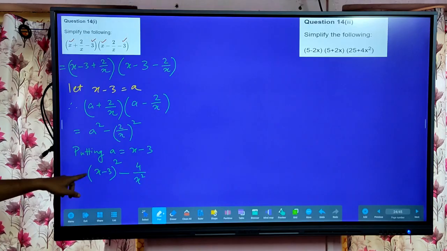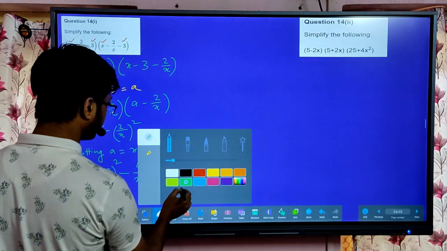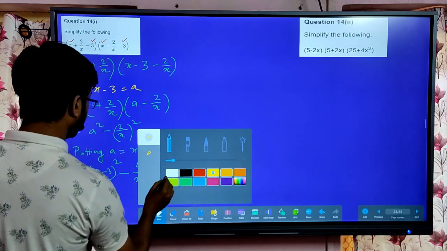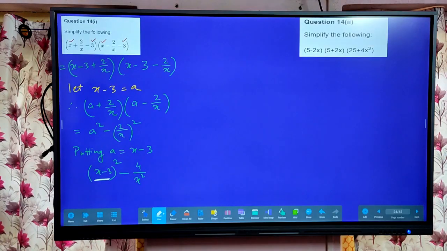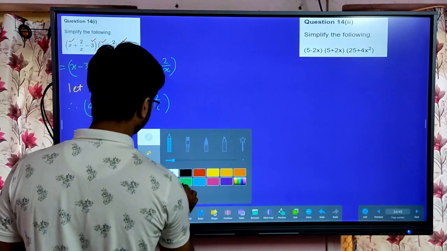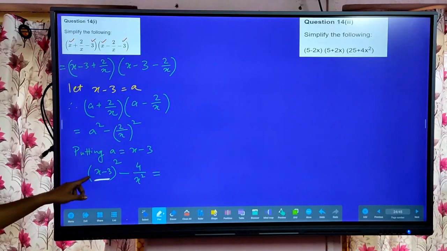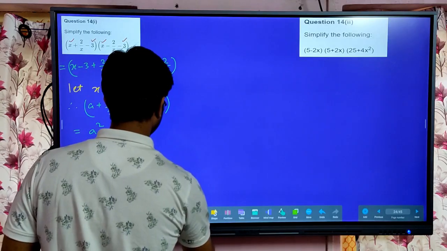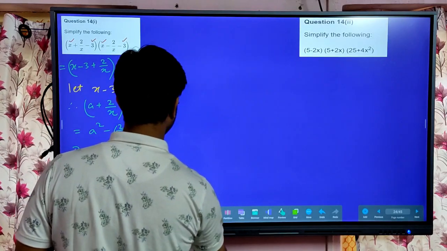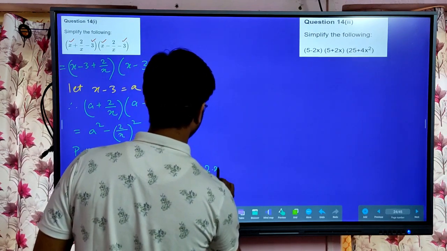Okay, so you expand this. Expansion of this term is required. So it will be a square plus b square minus 2ab. So x square plus 3 square is 9 minus 2ab.